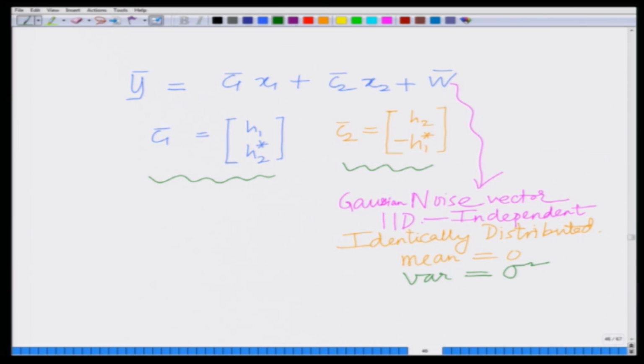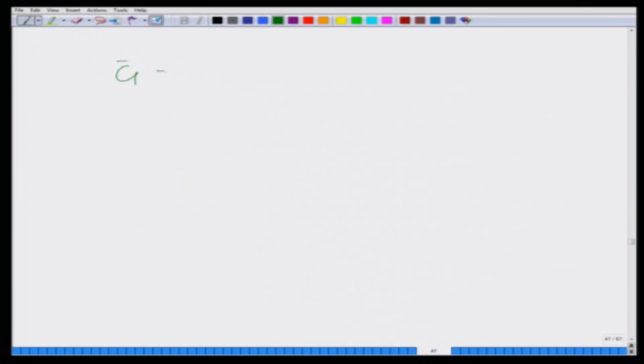conjugate. Now, let us observe an interesting property of these columns C1 bar and C2 bar. C1 bar equals H1 H2 conjugate, C2 bar equals H2 minus H1 conjugate.